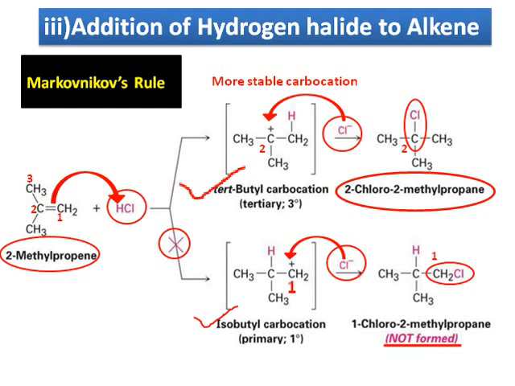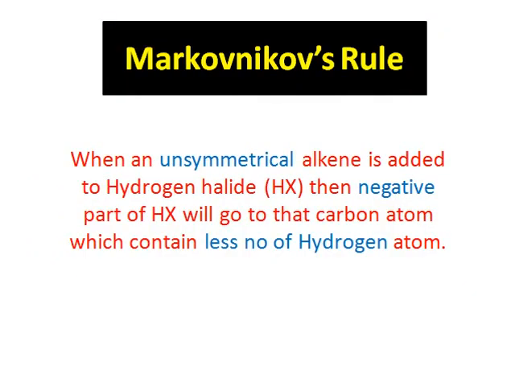This is the Markovnikov rule, and according to this rule we will get the product. Now see the statement: when an unsymmetrical alkene is added to hydrogen halide, then the negative part of hydrogen halide will go to that carbon atom which contains less number of hydrogen atoms.